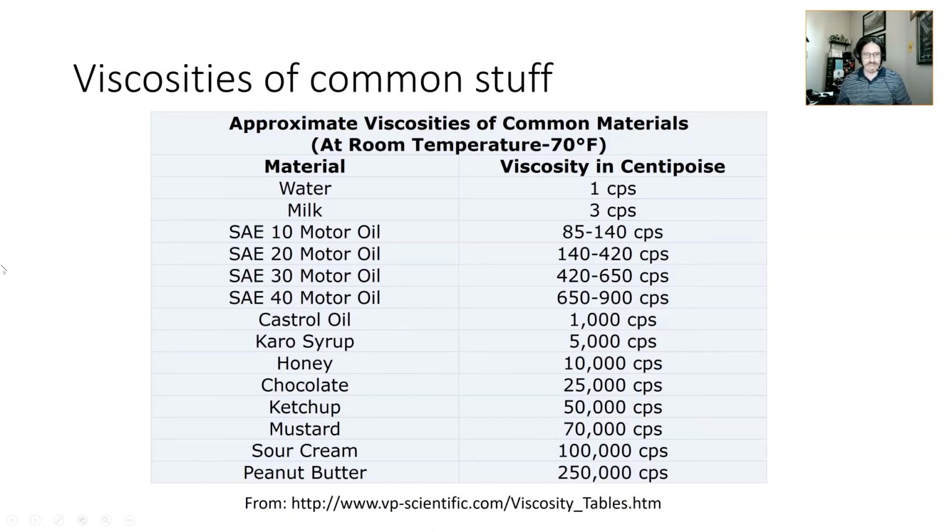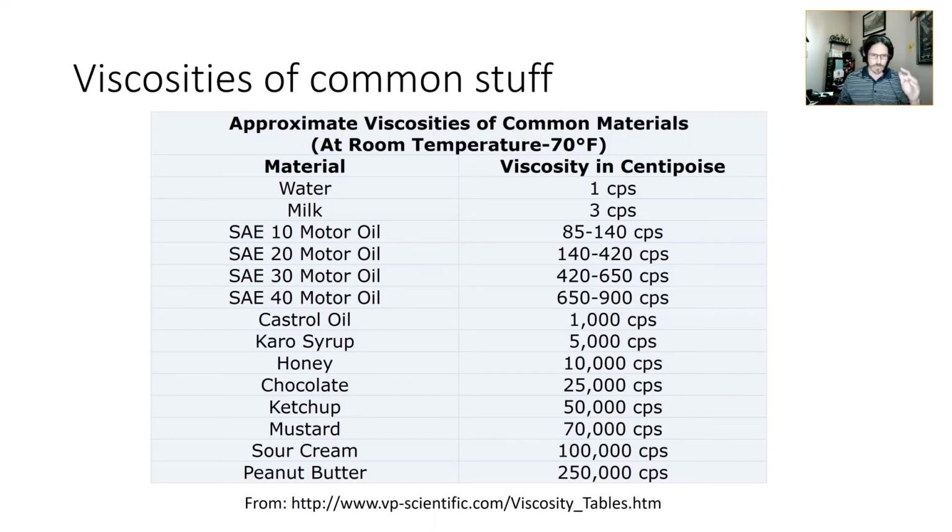It's a viscosity table, going from water all the way to peanut butter. Peanut butter is 250,000 centipoise, and that can be pretty viscous. And water is 1 centipoise, I think because the unit of viscosity was originally based on water, kind of like a cubic centimeter of water is a milliliter of water, that kind of crossover. Anyway, I hope that's not incorrect.